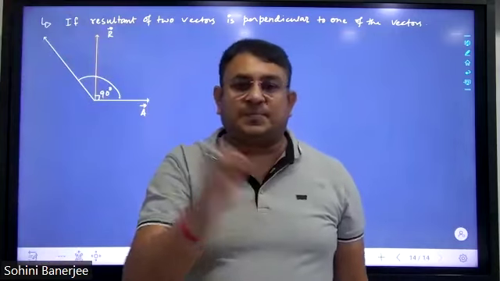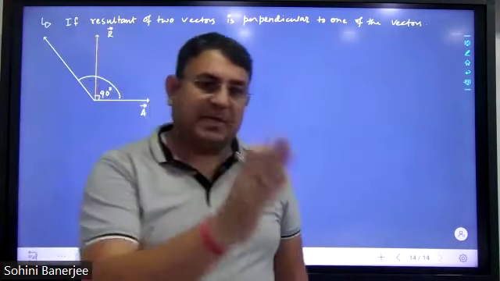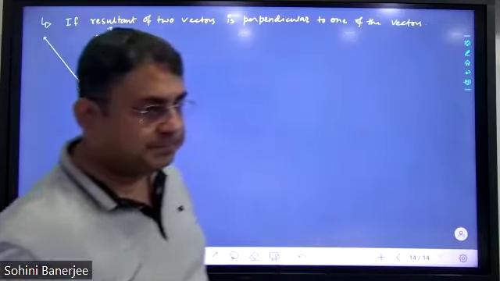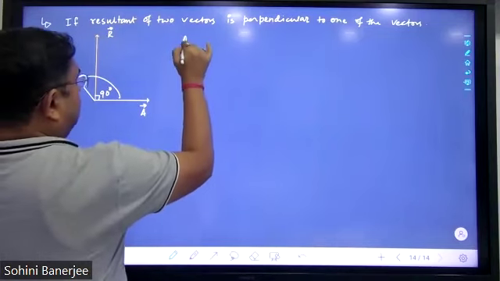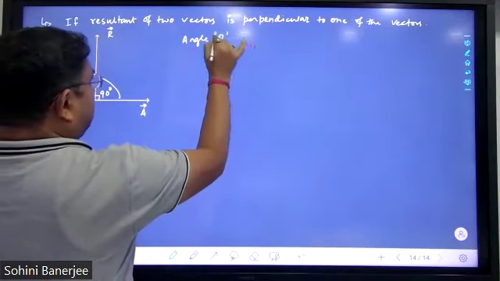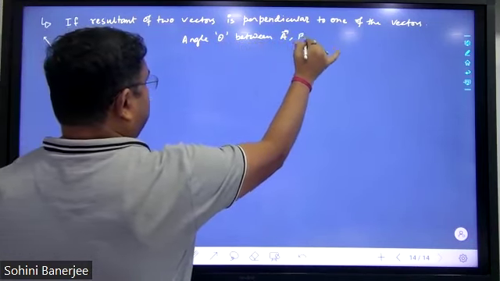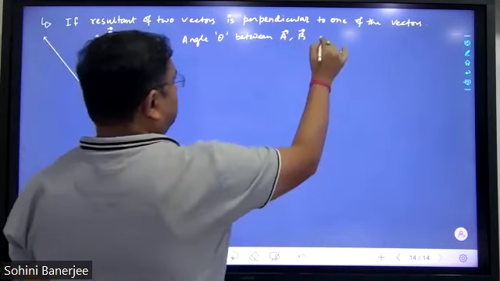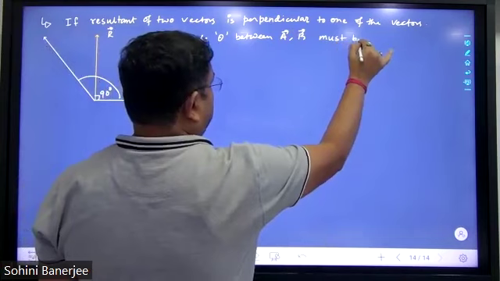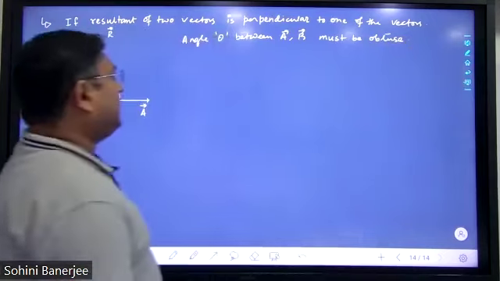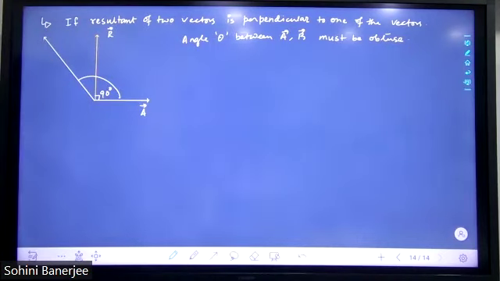So you have said the resultant is perpendicular to A. That means clearly B is on the other side of R. So the angle between A and B must be obtuse. Okay? So angle theta between A and B must be obtuse. No doubt?